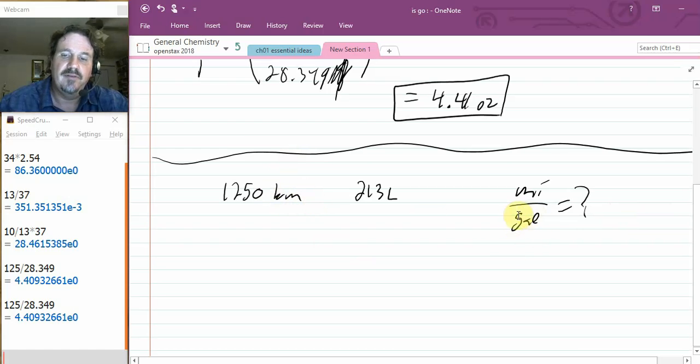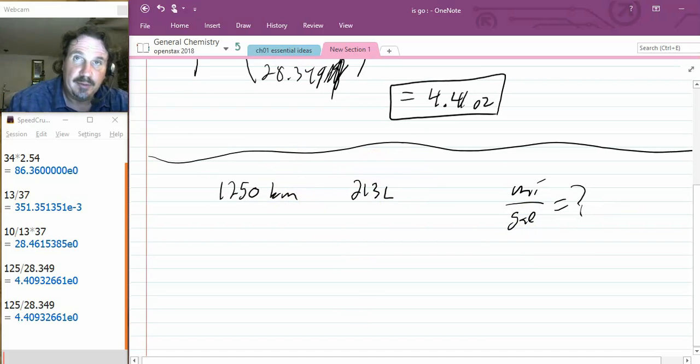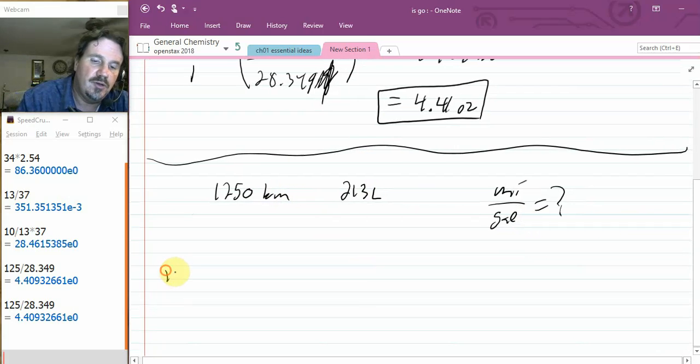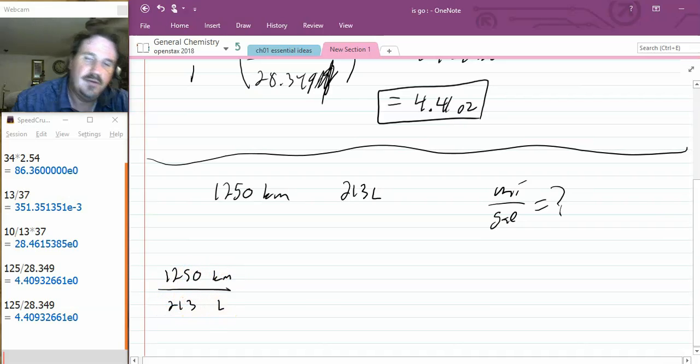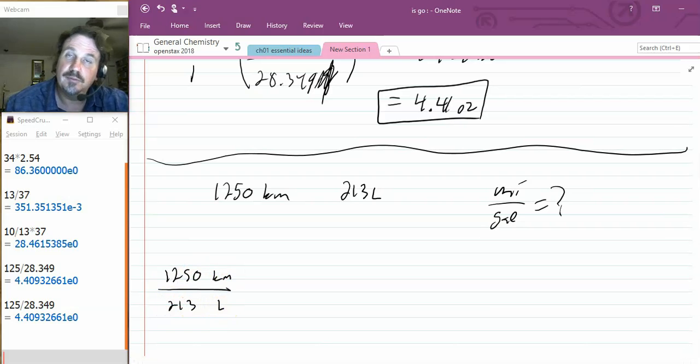I don't have volume in terms of gallons, I've got it in terms of liters. But I still have it, it's just a matter of converting it. So let's go ahead and write that down. The fraction of this fuel economy or fuel efficiency is 1250 distance over 213 volume. Kilometers per liter. Now we just need to convert that to miles per gallon.